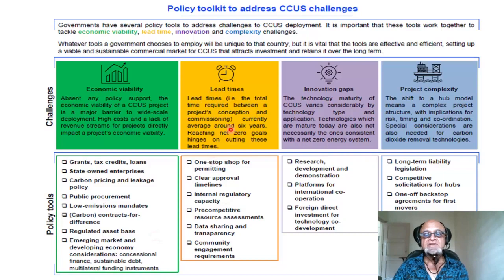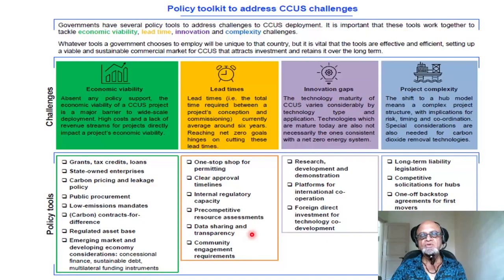For lead times, what do we mean? Total time required between a project's conception and commissioning currently is around 6 years, but reaching net zero goals hinges on cutting these lead times significantly. So here, one-stop shop for permitting, so that companies are not running around amid bureaucracy, clear approval timelines, internal regulatory capacity, pre-competitive resource assessment, data sharing and transparency, community engagement requirements.